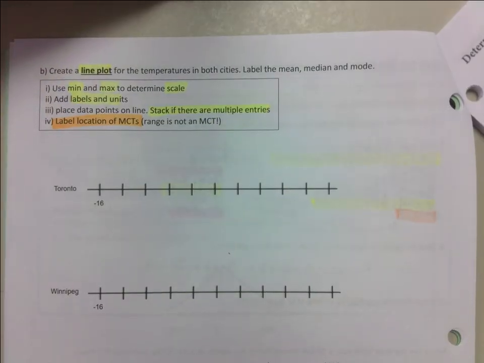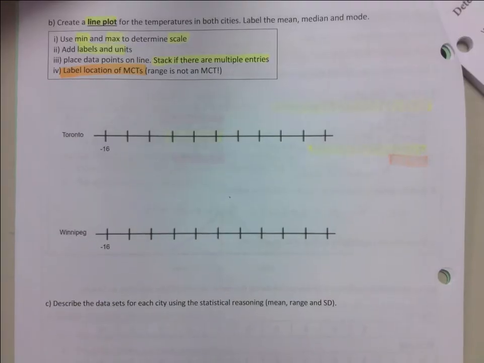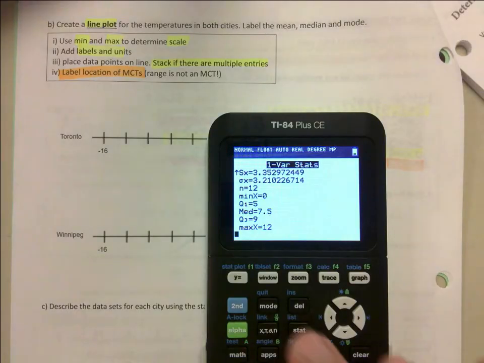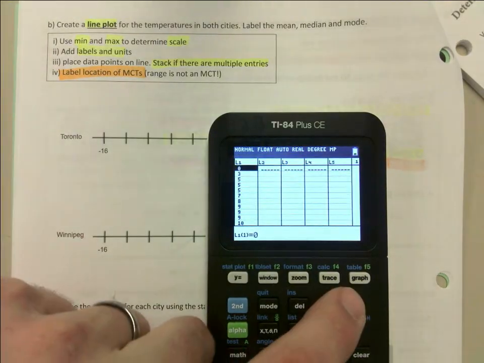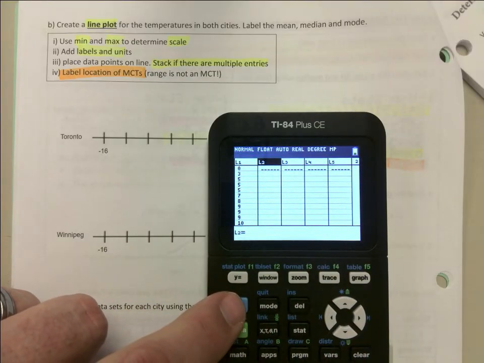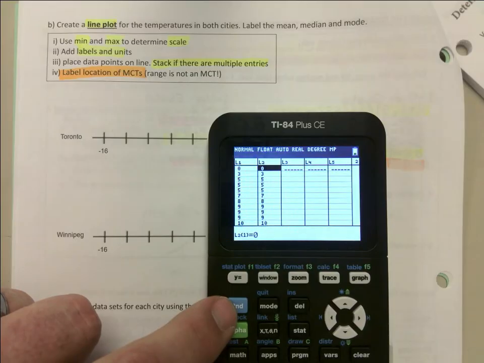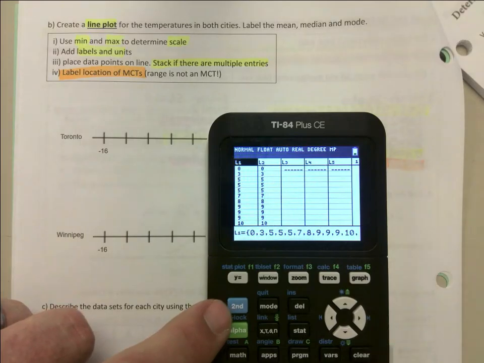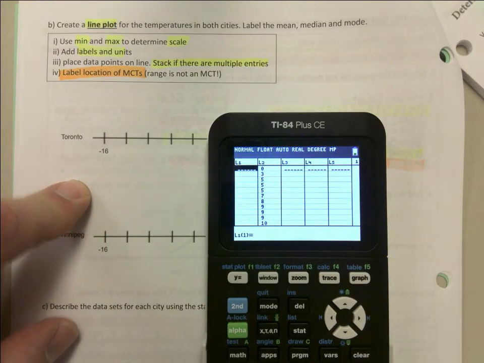So because we have Winnipeg in our calculator already, we're going to do this first. Okay, so give me one moment here. I'm going to make this one equal to L1. So I'm going to store my Winnipeg values in there, and I'm going to do Toronto real quick.